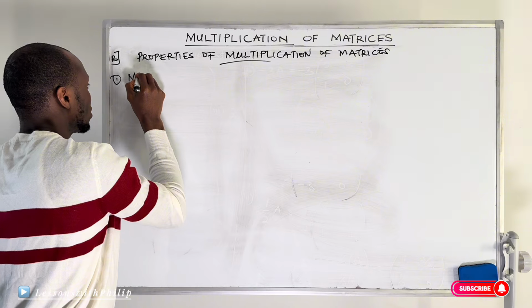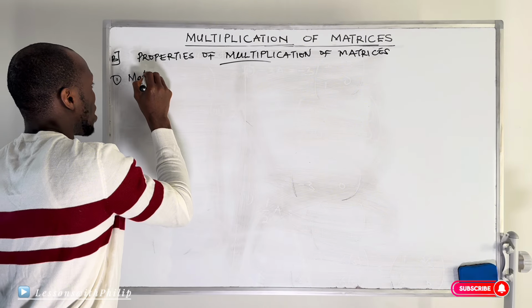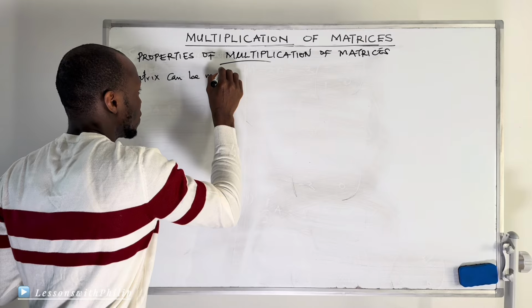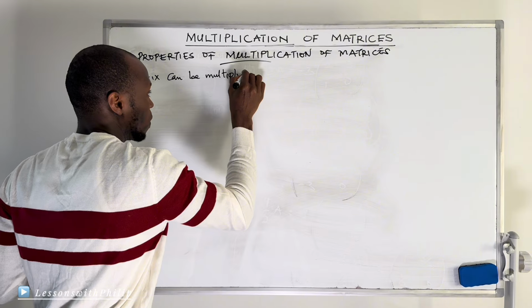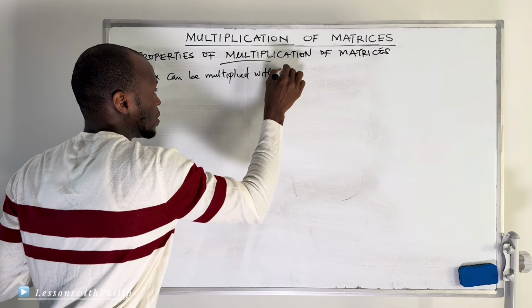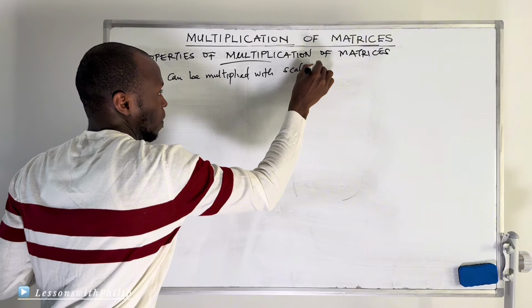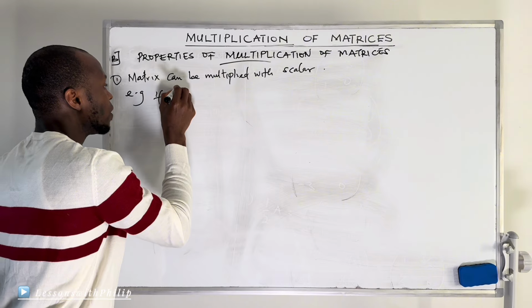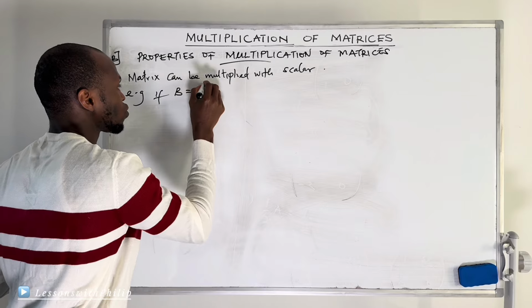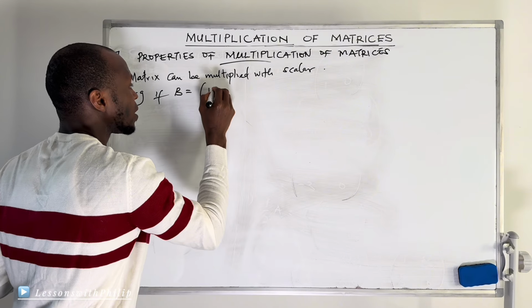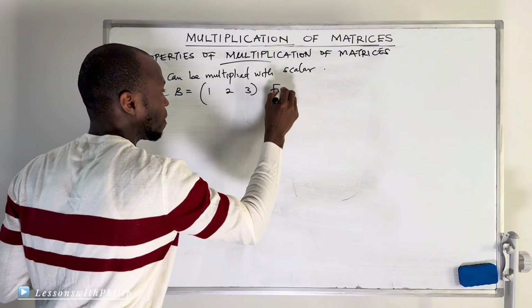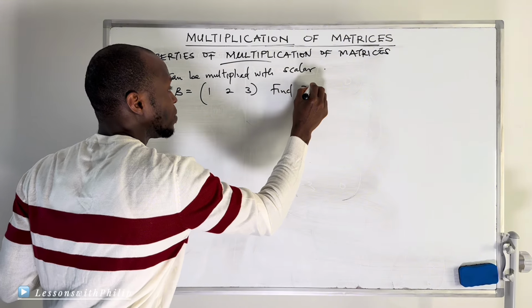Number 1. Matrix can be multiplied with scalar. Okay, which I've done, e.g., if B equals 1, 2, 3, find 3B.